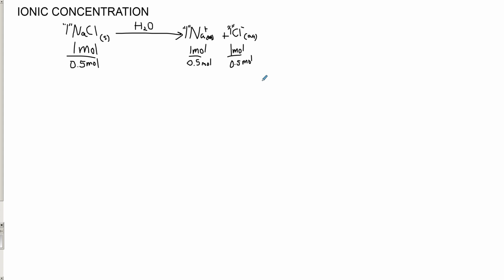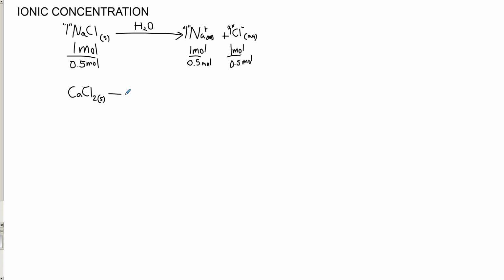What happens if we have a different ionic compound? What if I have a different ionic compound like, I don't know, calcium chloride? So CaCl2 solid.